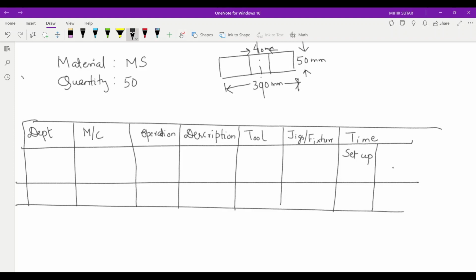Setup, then your operation time. Let's say in minutes. Okay, this is the route sheet.